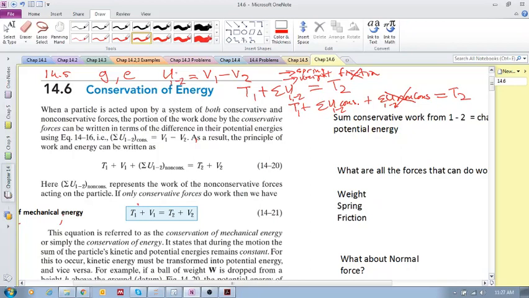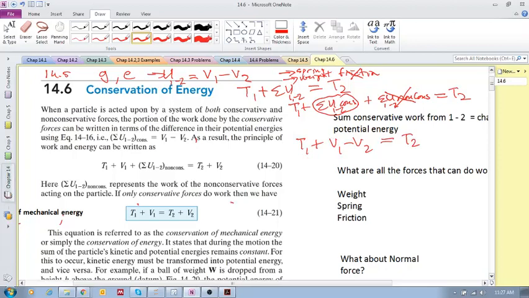Now, we already saw that the work done by conservative forces from 1 to 2 is the change in the potential function. So how about we just replace this with V1 minus V2, right? Because the work from 1 to 2 by all the conservative forces is V1 minus V2. Okay? And this equals T2.